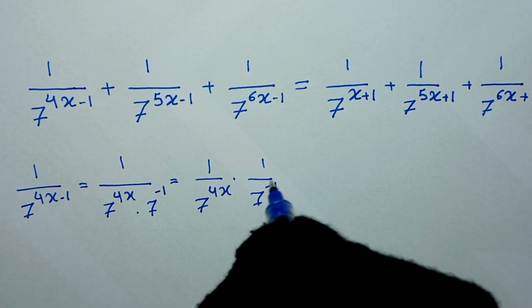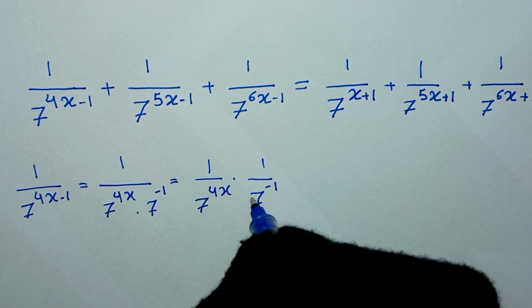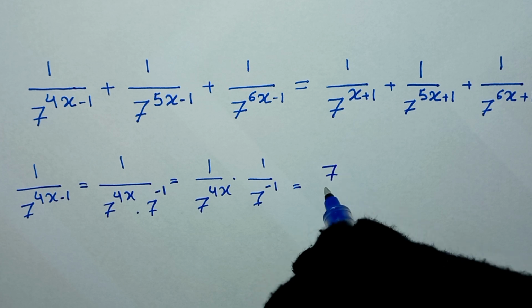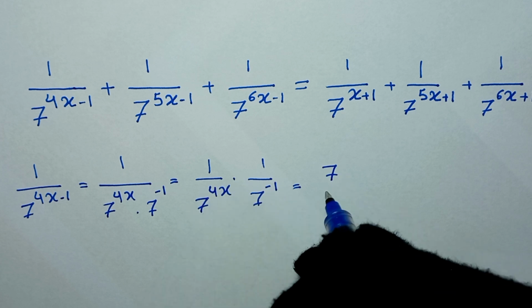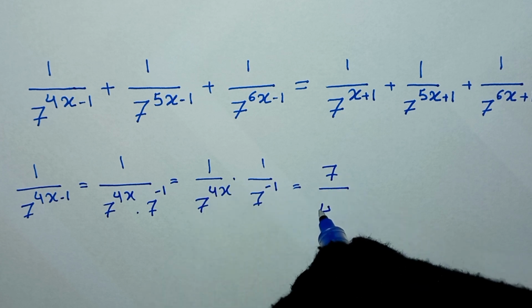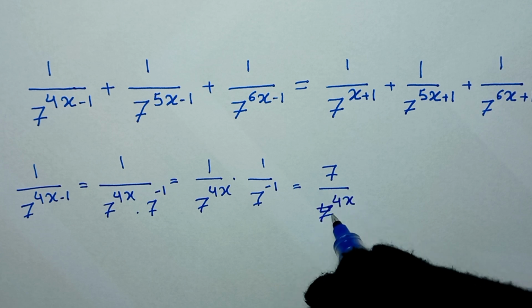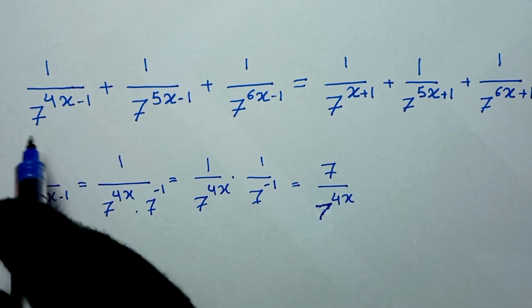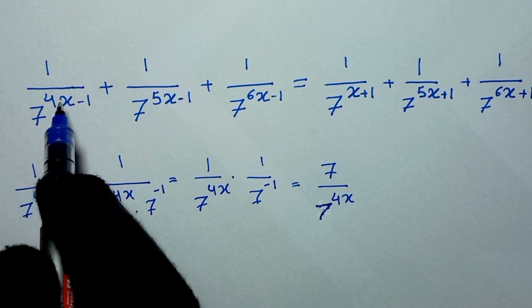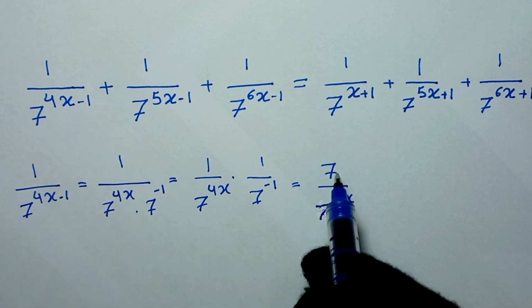And 1 over 7 to the power of negative 1 is 7, right? So it will be 7 times this, times 1 over 7 to the power of 4x, right? So we can write this 1 over 7 to the power of 4x minus 1 in this form, right?